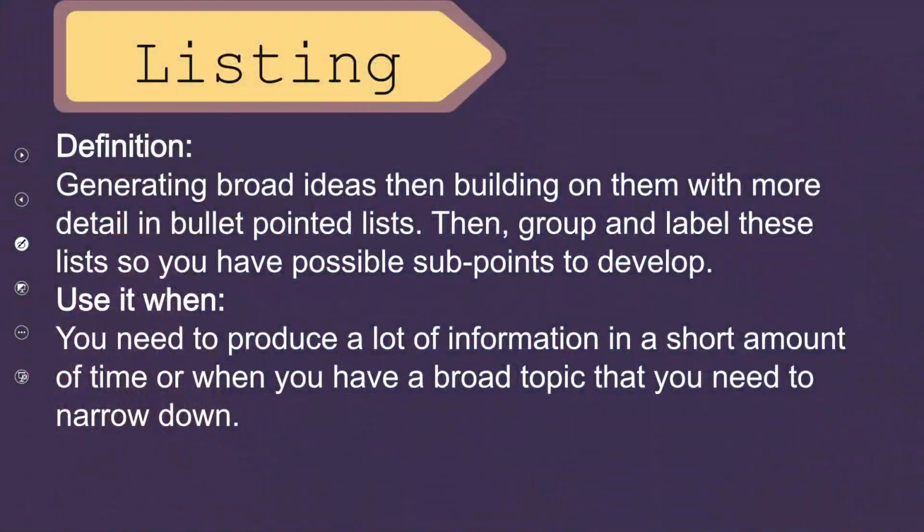Then let's talk about each one of them one by one. For listing, you will be generating broad ideas, then building on them with more detail in bullet pointed lists. Then group and label these lists so you have possible subpoints to develop.